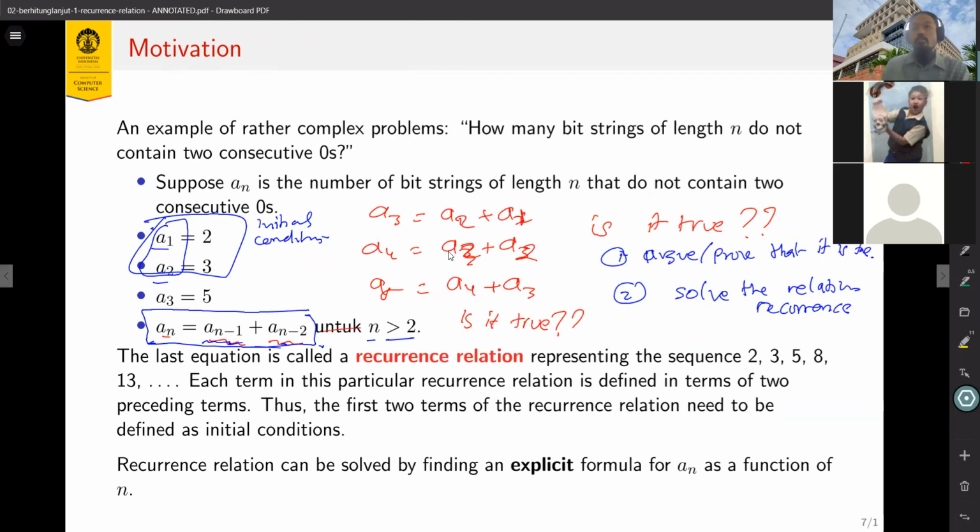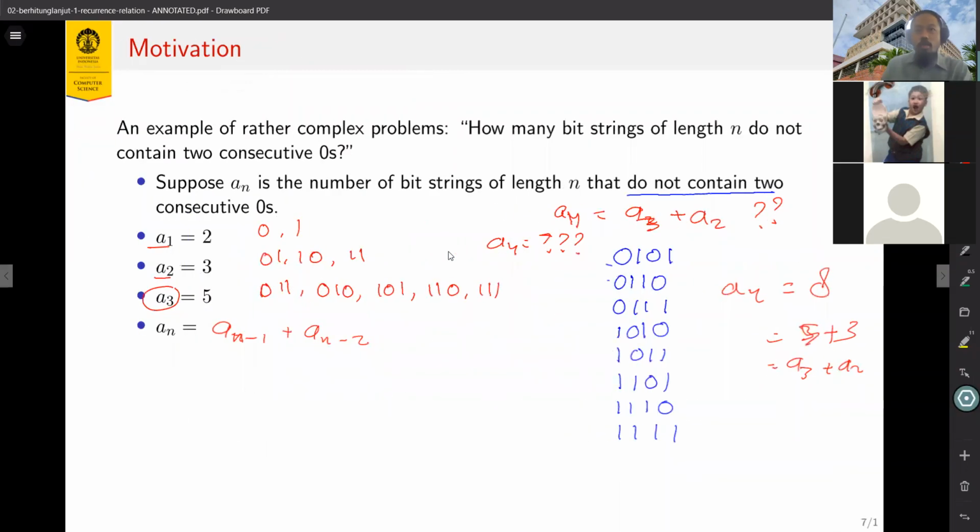Now, of course, you want to say, first of all, for this relation to hold, this has to be well defined, and this also has to be well defined. So that means, for example, at least we must have how many initial values? At least we must have two initial values.